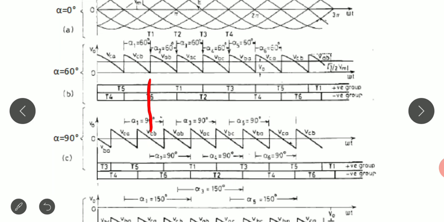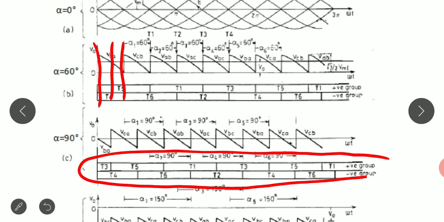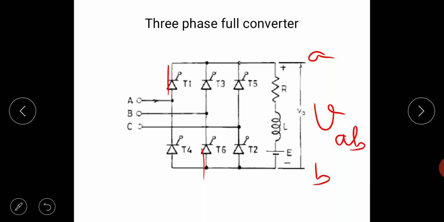You must remember that this one interval is a duration of 60 degree and halfway between them is 30 degrees. So this is the table of thyristors conducting for alpha is equal to 90 degree.